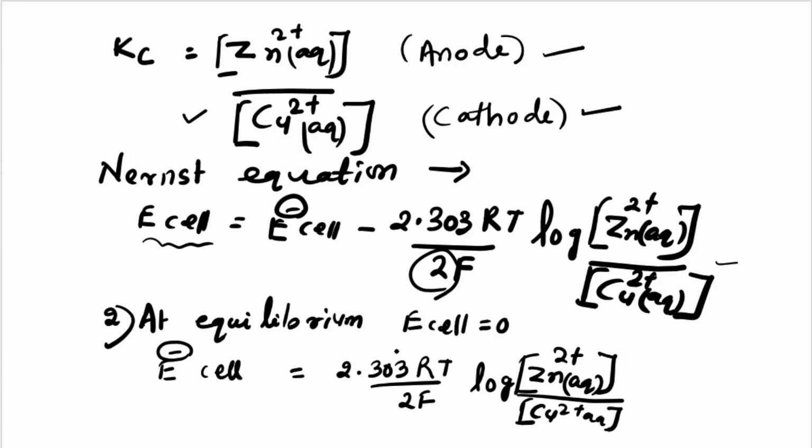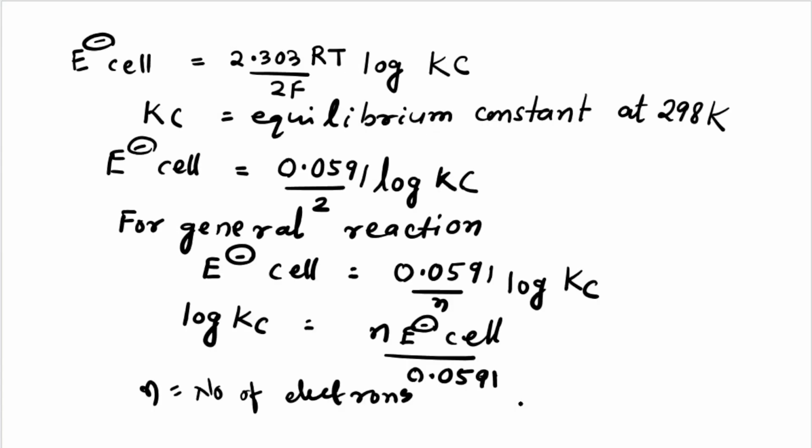At equilibrium, what happened? E0 cell value equals this one. But we know the value of Zn plus 2 concentration divided by Cu plus 2 concentration, so you can say that is Kc. So E0 cell, that means the standard electrode potential, equals 2.303 RT by 2F log Kc.